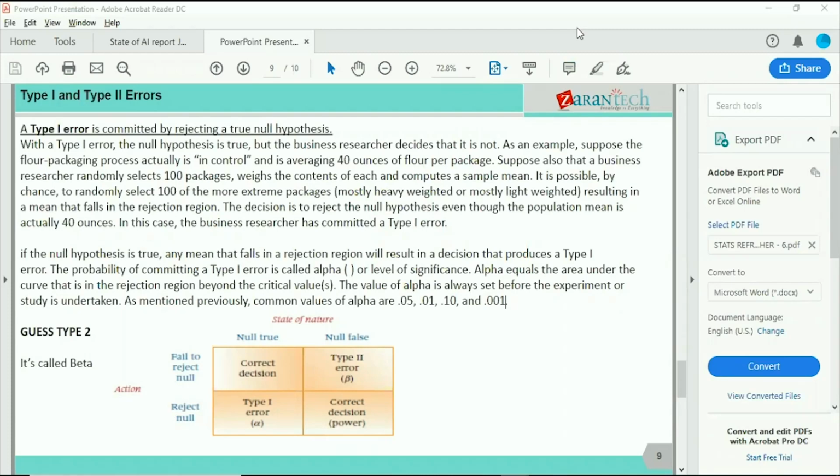Correct? Now, can you try to formulate, or take your time and try to formulate, what could be a type 2 error, which we also call beta? Look at this matrix. As I said, this is the true state of nature. This is true and this is false. Innocent, guilty.